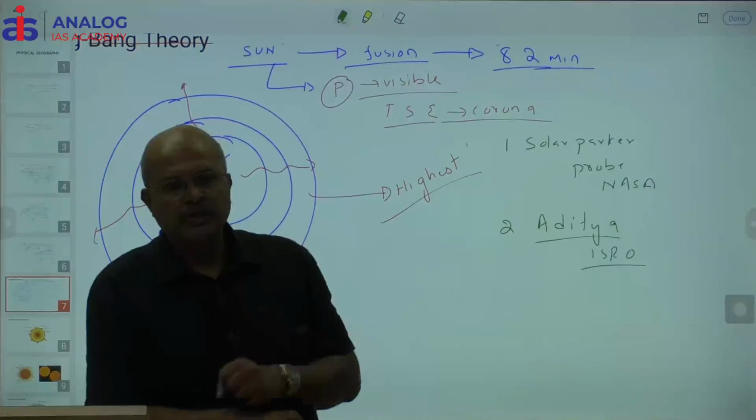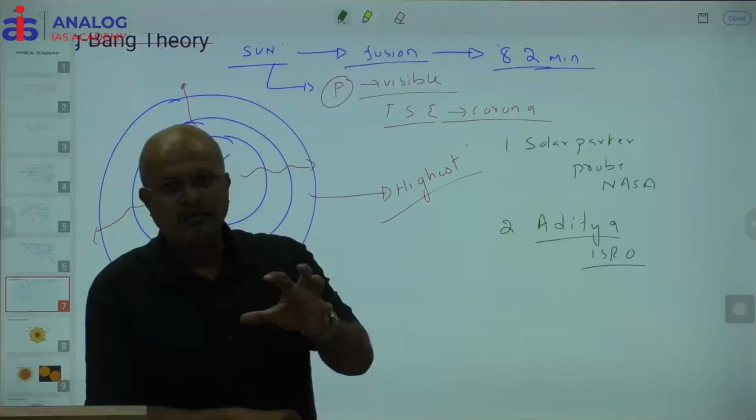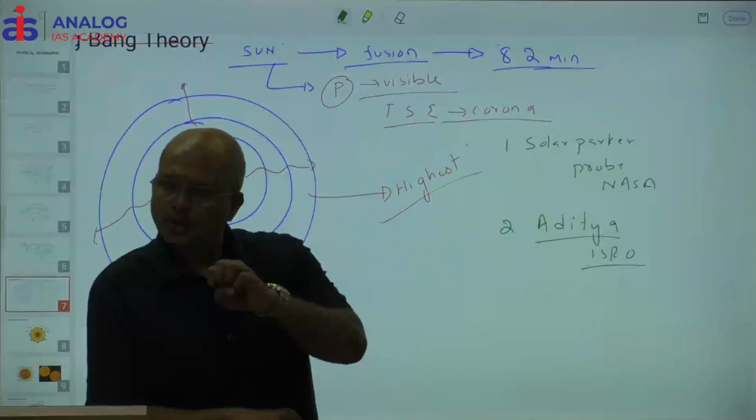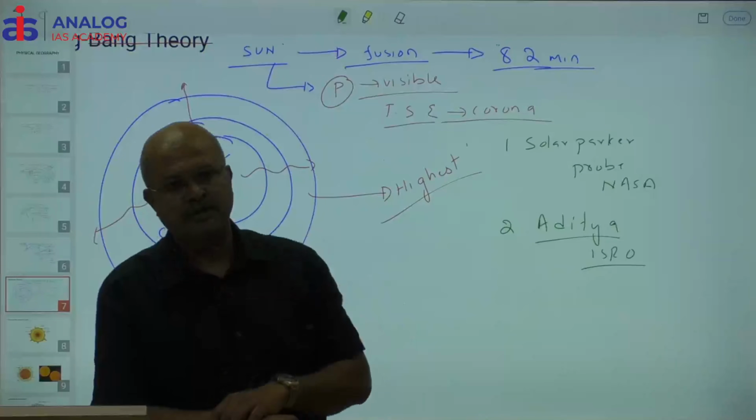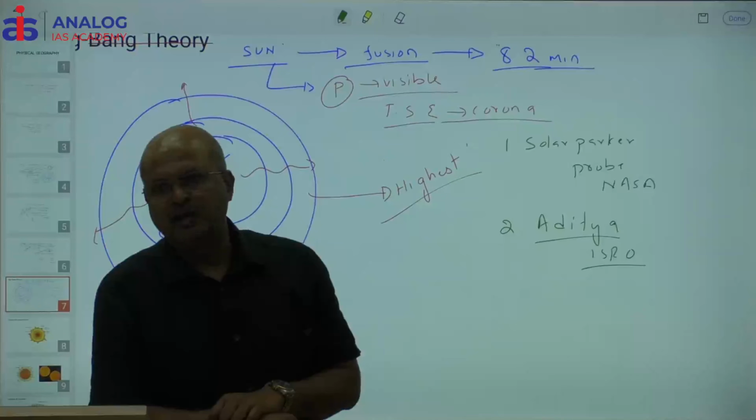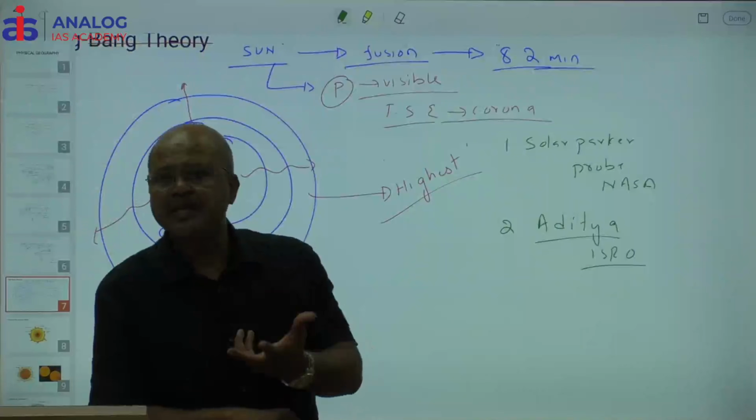What are their main objectives? To study the photosphere, chromosphere, and why the corona is hotter than that. There has to be some reason.